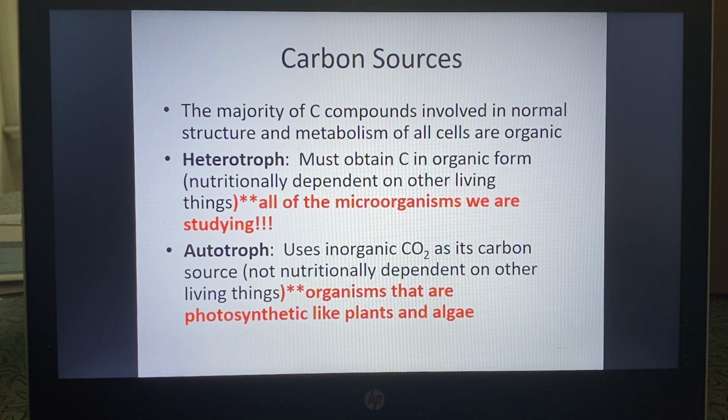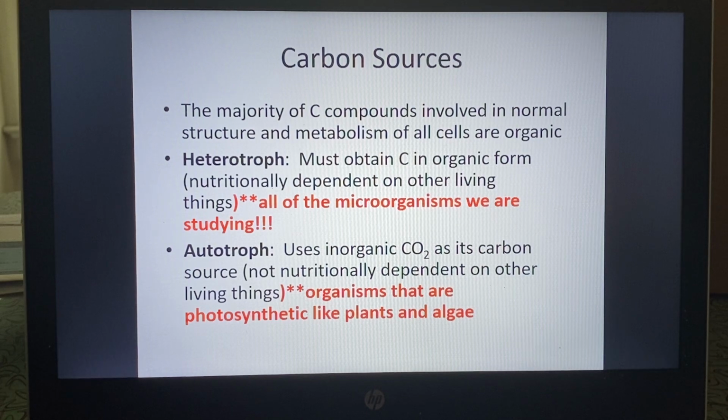For example, all of the classes that we talked about in chapter 2: proteins, carbohydrates, lipids, etc. A heterotroph means that they have to get that from an external source, and so that makes them nutritionally dependent on other living things, okay? Or non-living things. So all of the organisms that we are going to study in this class are heterotrophs.